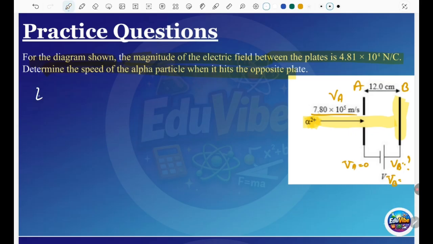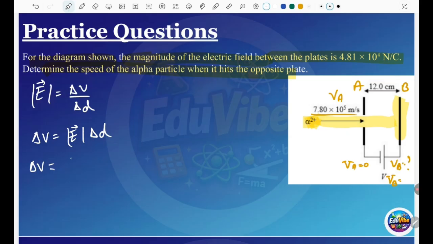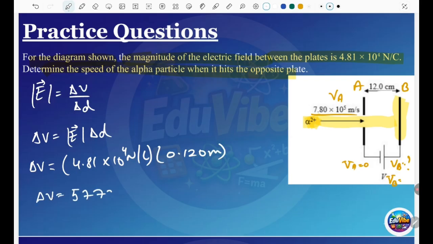We know that electric field is equal to delta V over delta D, so delta V is equal to electric field times delta D. The electric field is given as 4.81 times 10 to the power 4 newtons per coulomb, and the separation distance is 12.0 centimeters, which is 0.120 meters. From here, delta V is 5772 volts.